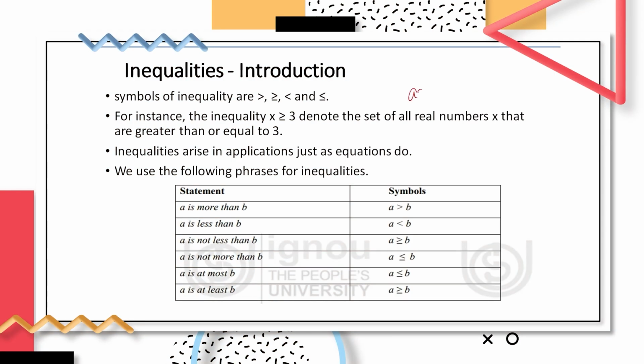Now, to begin with, what are inequalities? In general, we are solving equations. Likewise, we have solved equations many times, such as ax plus b equal to 0, ax square plus bx plus c equal to 0. There is an equality sign, a left hand side and a right hand side of the equation, and we are balancing the equation by equating the left hand side to the right hand side.